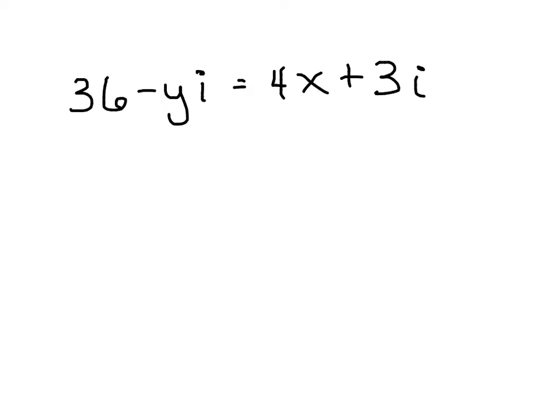All right, so for this one, here's what you do, because I know some of you have asked me this question before. Where's the x? It's next to the 4, in the front on the right-hand side. So since it's on the front on the right-hand side, you set it equal to the front of the left-hand side, and vice versa.